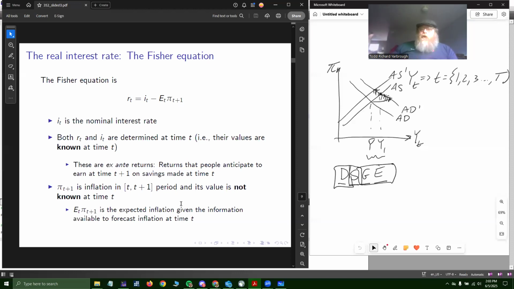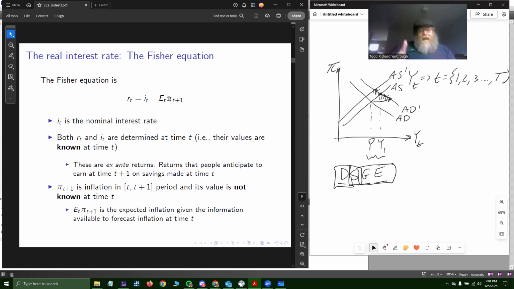Now, we're going to model the Fisher effect into our conception of the real interest rate. In particular, we're going to say that the real interest rate is equal to the nominal interest rate, I, minus expected inflation next period. Now, I want to point out that when we say expected inflation next time period, the expectation, importantly, is formed in the current time period.